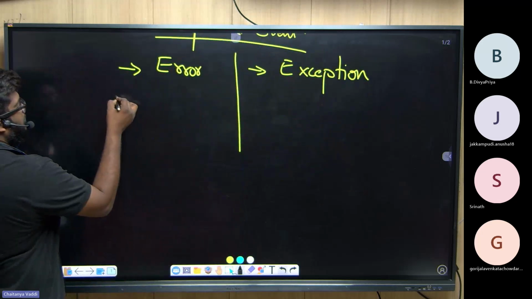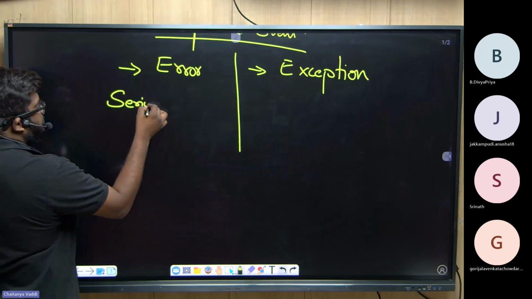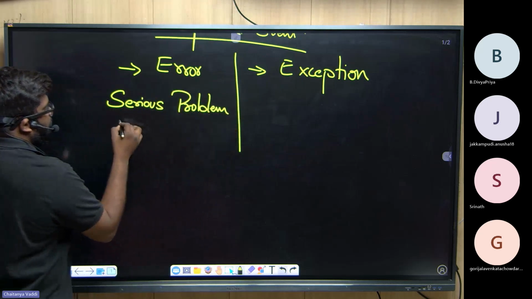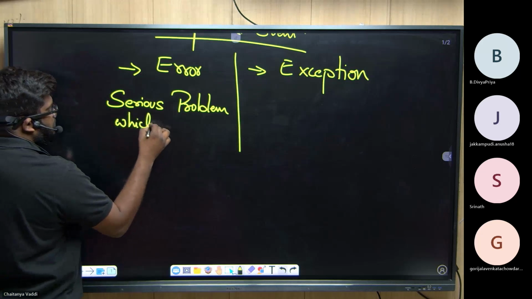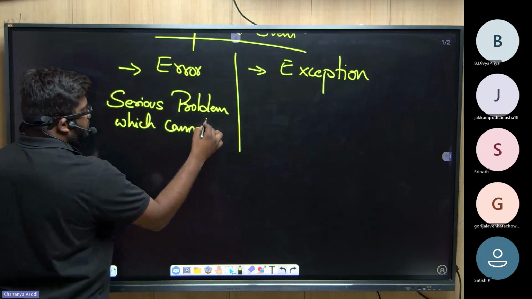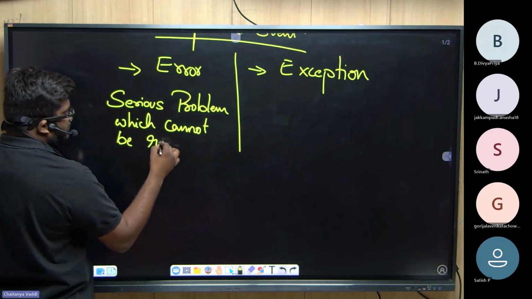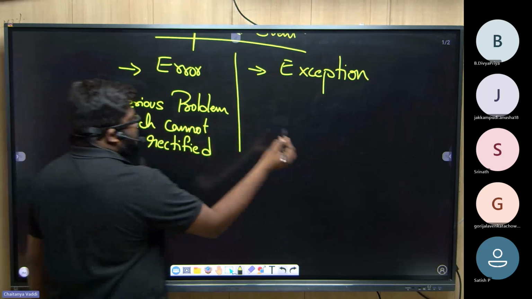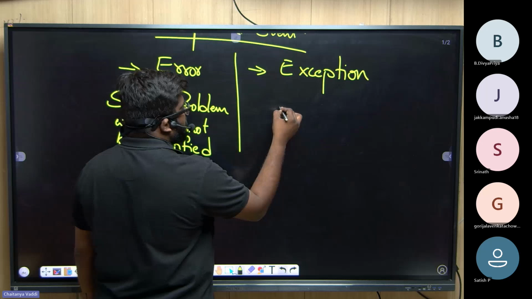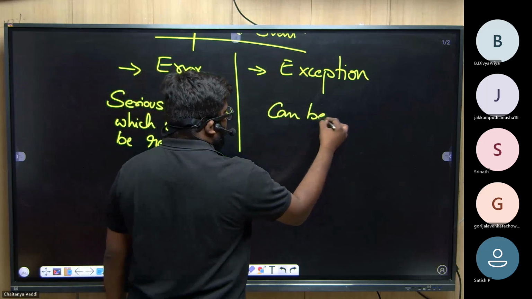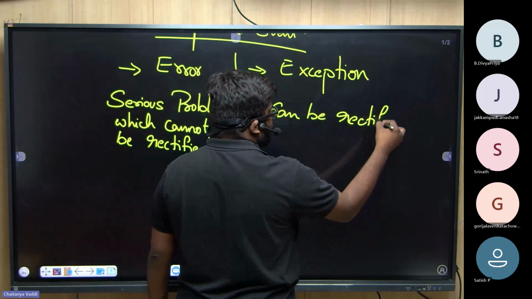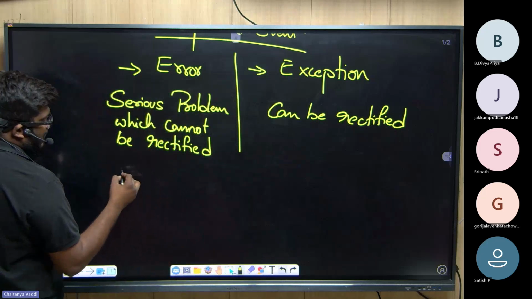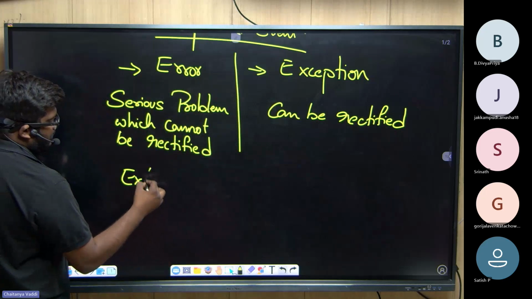Okay, error is a serious problem which cannot be rectified. Okay, so exception, on the other hand, is something that can be rectified. Okay. On the other hand, errors can happen due to external reasons.